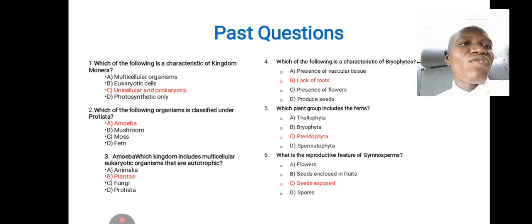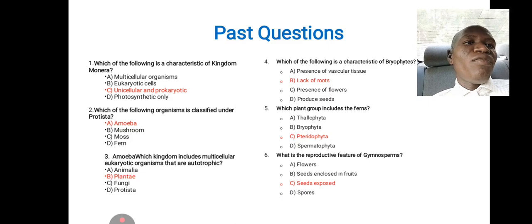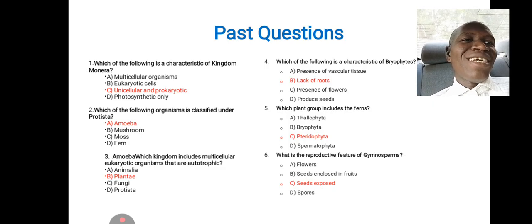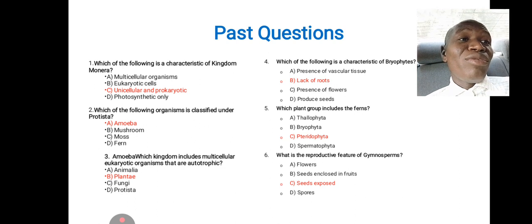Question 4 says, which of the following is a characteristic of bryophytes? Bryophytes. Okay, I've not explained this. Bryophytes don't have roots. Both bryophytes and thallophytes. Remember, thallophytes, bryophytes, pteridophytes, and what's the last one? You have forgotten.